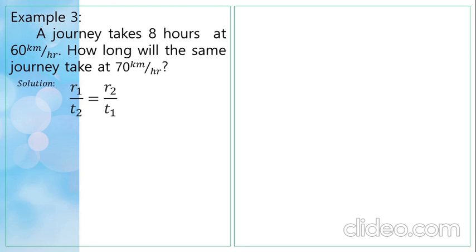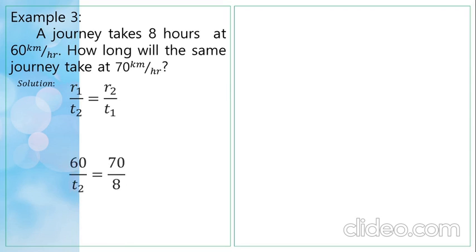By the way, r is for the rate and t is for the time. And in this problem, r sub 1 is 60, t sub 1 is 8, r sub 2 is 70, while t sub 2 is unknown.